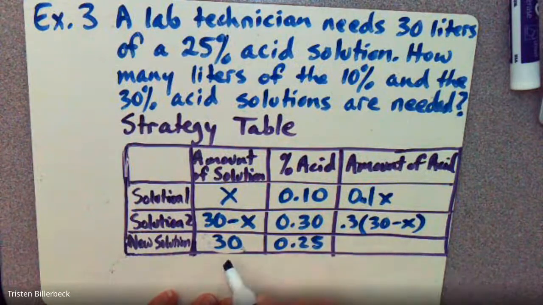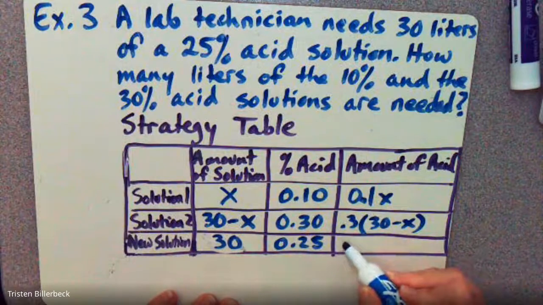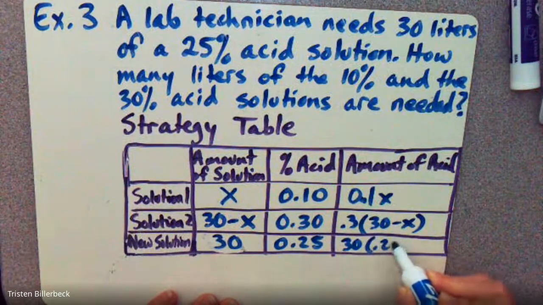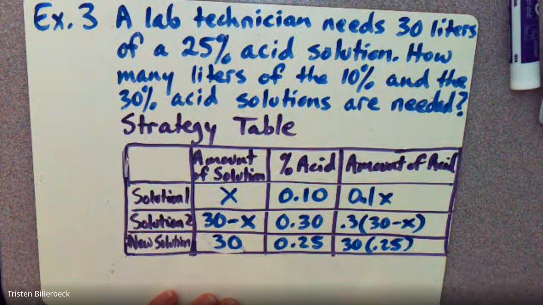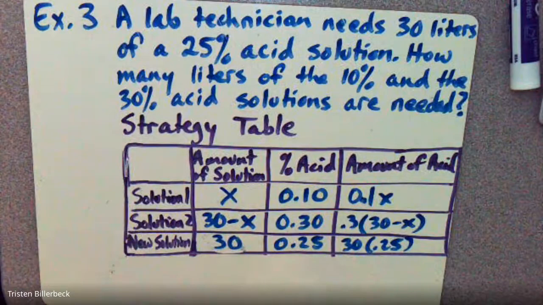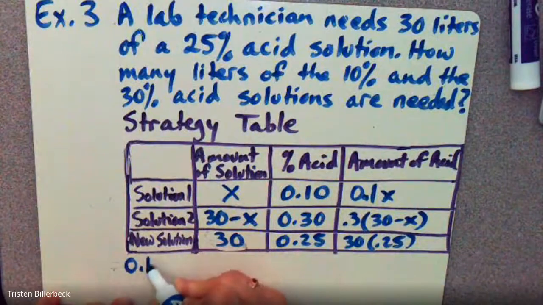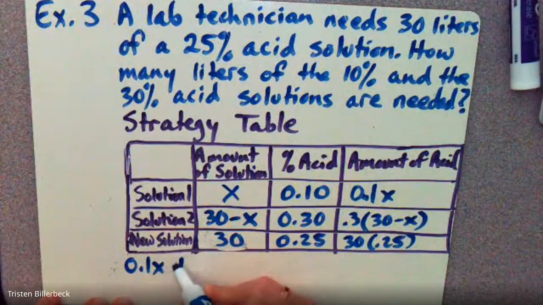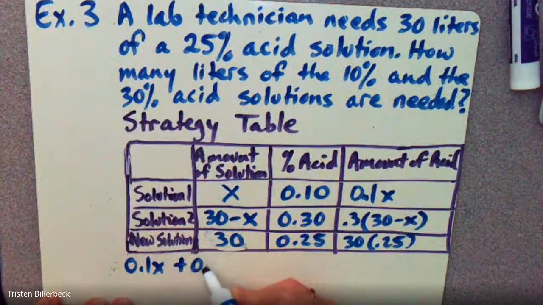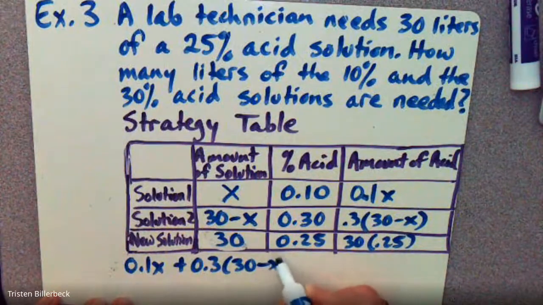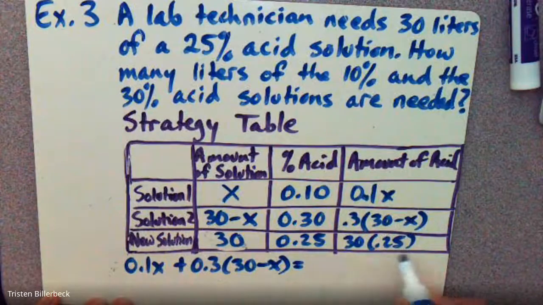Okay, and then this one is just 30 times 0.25. Okay, so we should be able to add this all together and set it equal to this. So what we're going to do is add the first solution to the second solution, and it should equal the solution we want.